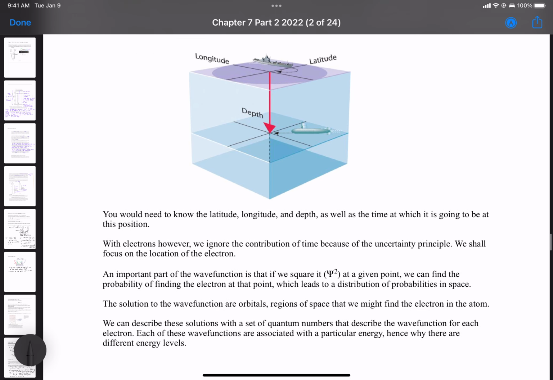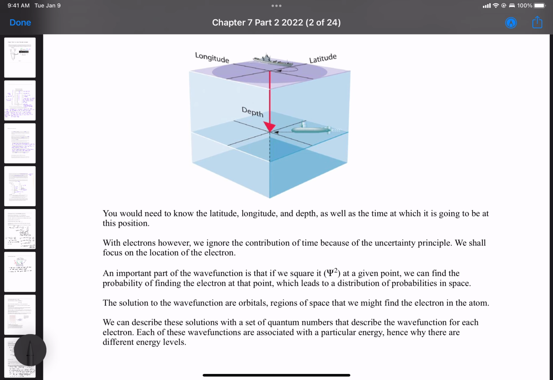An important part of the wave function is that if we square the function at any given point, we can find the probability of finding the electron at that point. So usually we use psi squared. If you go on to the pure chemistry route or pure quantum physics, you'll learn about all these quantum mechanical equations.